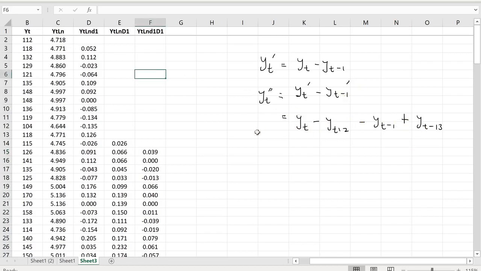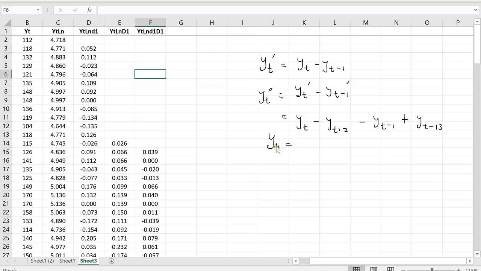When we look at this equation, the double differencing is equal to yt minus yt minus 12 minus yt minus 1 plus yt minus 13. We assume that this is the output in the difference and transform scale. Note that this one is yt, this one is also yt, but this is at original scale and this one is at difference scale, so we need to put yt double prime.